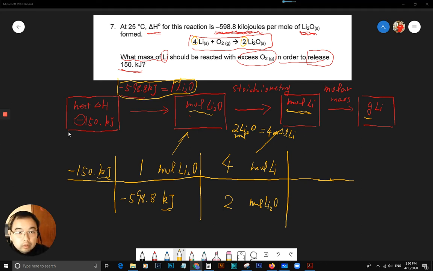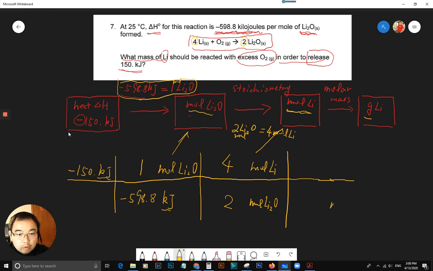Okay, so we put the mole of the lithium in the bottom, and we got the mass, which is gram of the lithium on the top. We know 1 mole of the lithium is equal to 6.94 gram of the lithium, which is the molar mass.